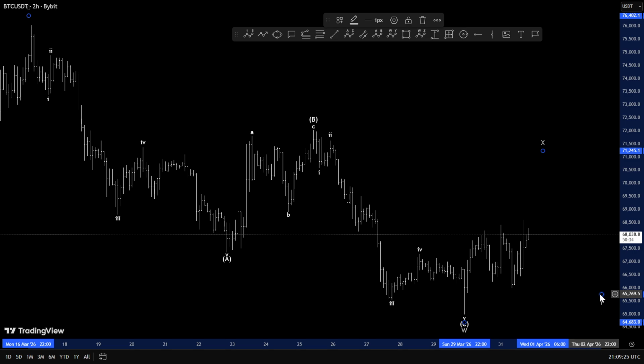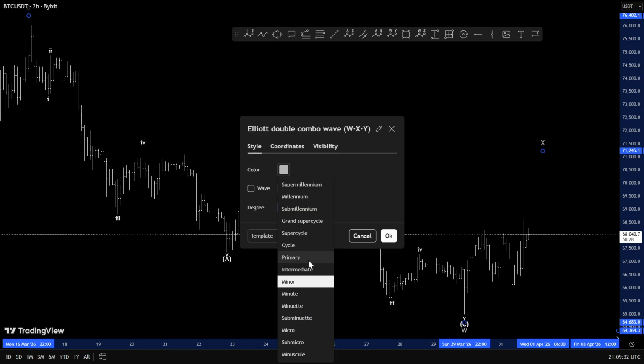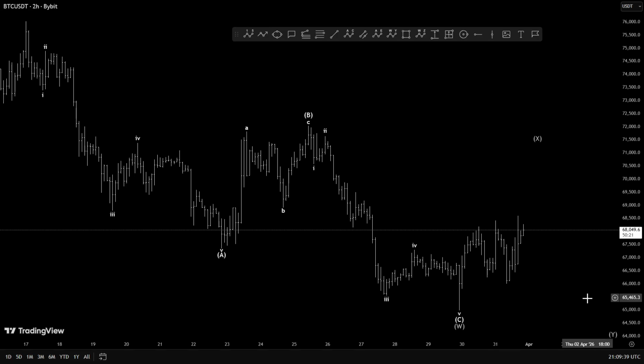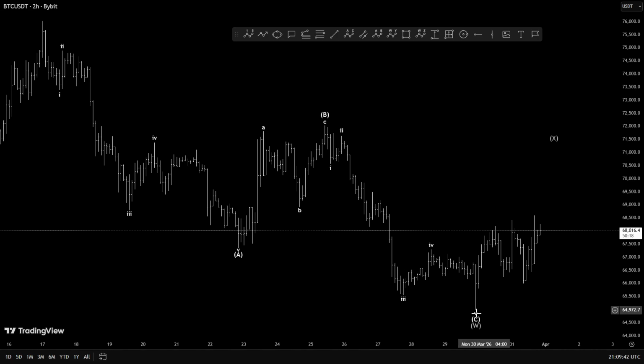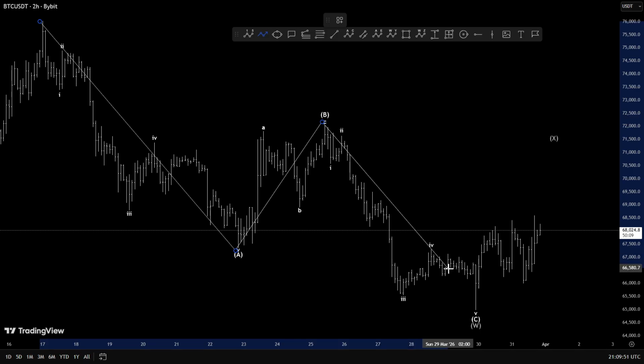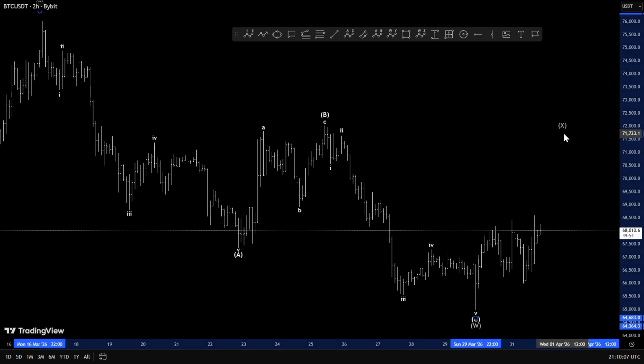And now currently we're expecting X. The one unfolding right now is called X. Okay, this is W. For not to be confused, this is W completion, and W is in 3, and the 3 is this A, B, and C, which gives us W. And corrective structure is also in 3s, which means that is what is unfolding right now on Bitcoin, the corrective structure of this W pattern.